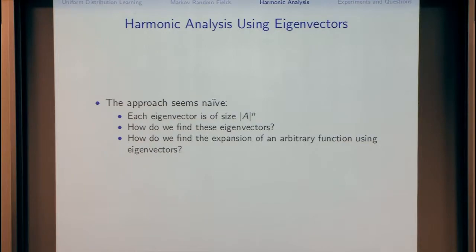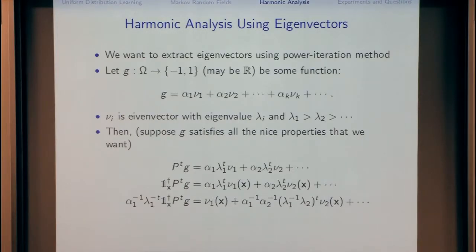And even if we could, we still have to worry about actually finding an expansion of any function in terms of these eigenvectors for learning. And while all of this is true, with being slightly optimistic, we can hope to tackle at least some of these problems and see what we can do. Okay, so we want to try and extract the eigenvectors of a transition matrix.